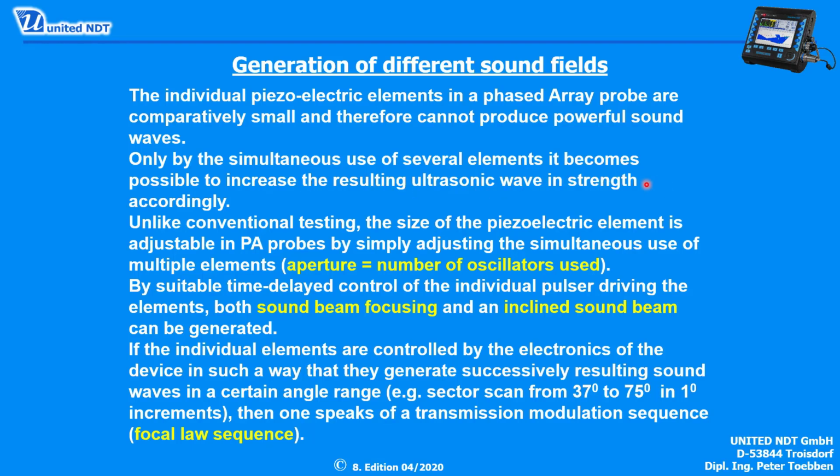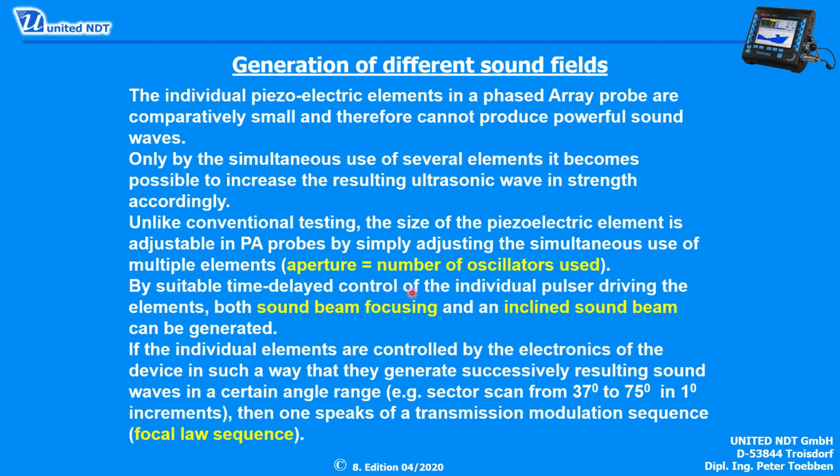The wave strength is increased, and unlike conventional testing, the size of the piezoelectric element is adjustable in a phased array probe by simply adjusting the simultaneous use of multiple elements. The selection of multiple elements is called the aperture. It's actually the number of oscillators, or elements, used.